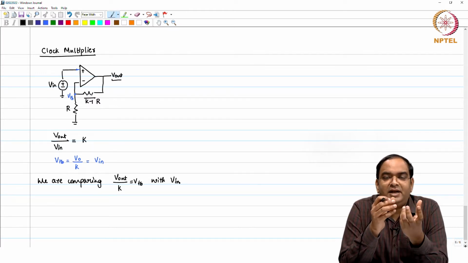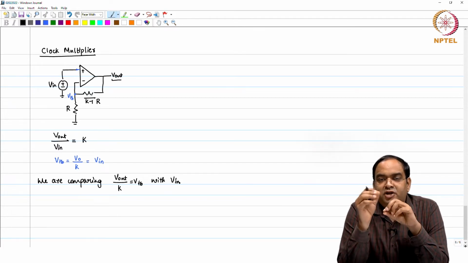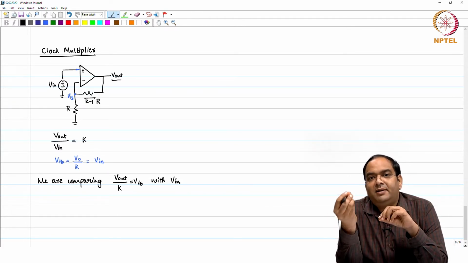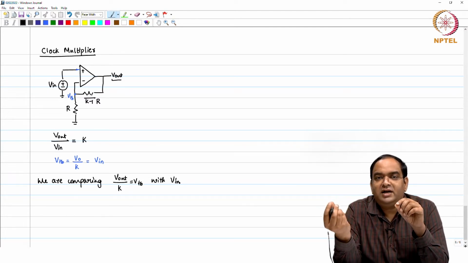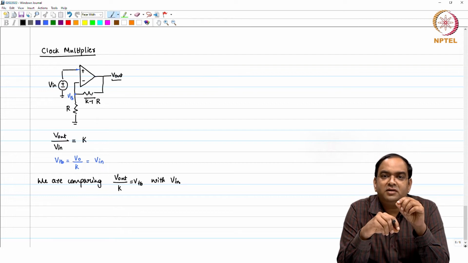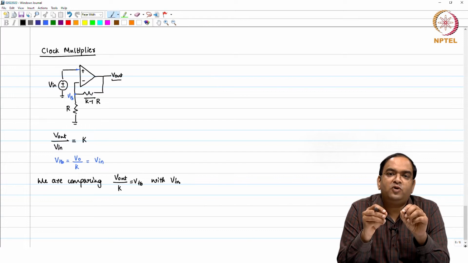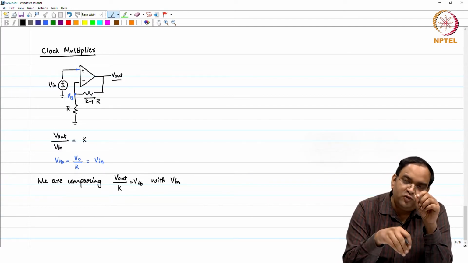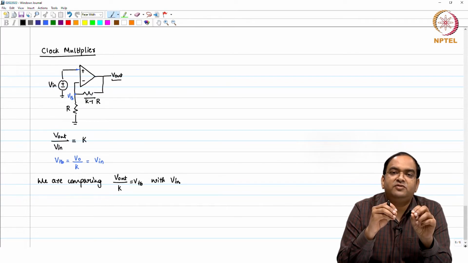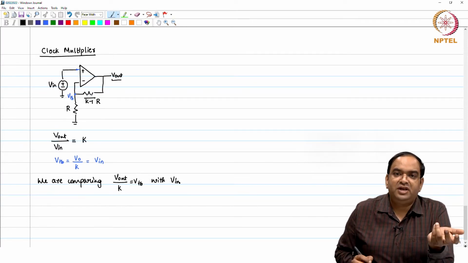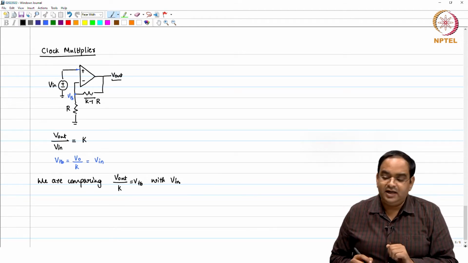You have an amplifier whose output voltage is K times the input voltage, but you are not comparing the amplified output directly with the input. You are dividing that output voltage and comparing the divided output voltage with the input, and the closed loop feedback ensures that the feedback voltage is the same as V in, with a feedback ratio of 1 over K. So your output voltage will be K times V in.